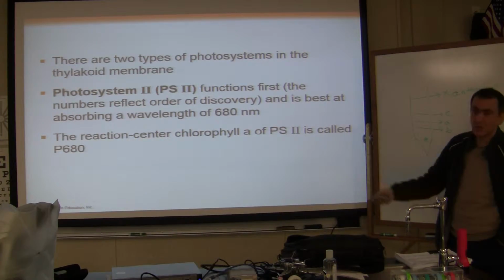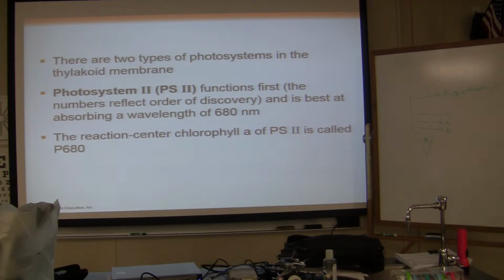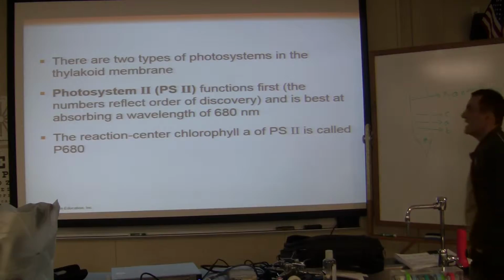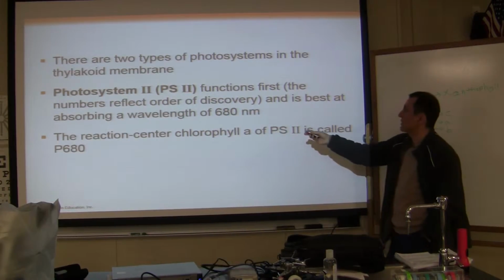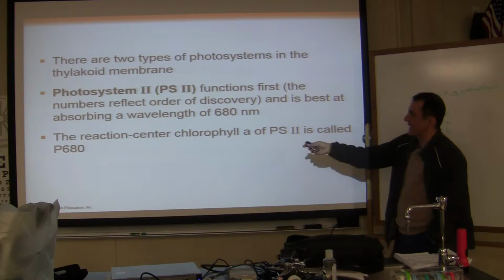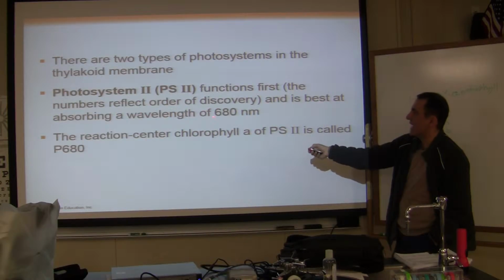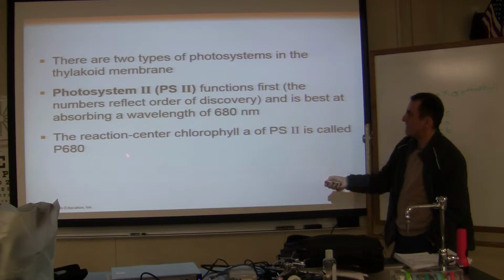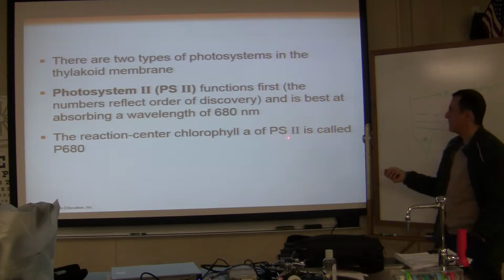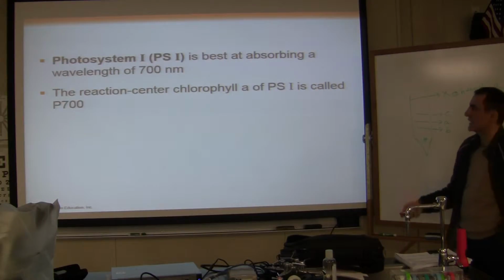Photosystem 2, I'm talking about chlorophyll A. All of this is about chlorophyll A. System 2 functions first; the numbers reflect order of discovery. It best absorbs a wavelength of 680 nanometers. The reaction center chlorophyll A of PS2 is called P680.